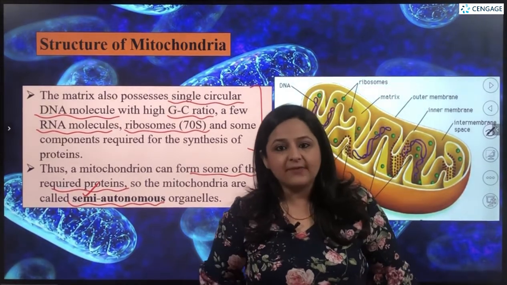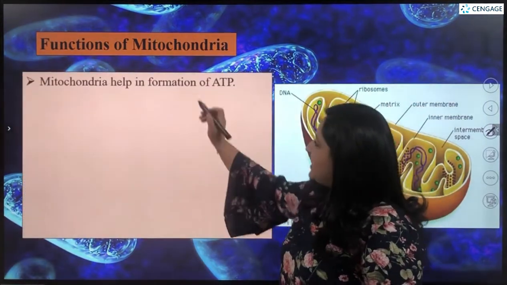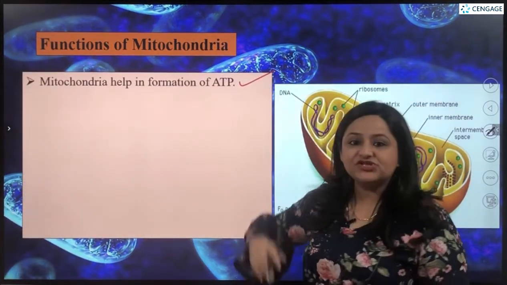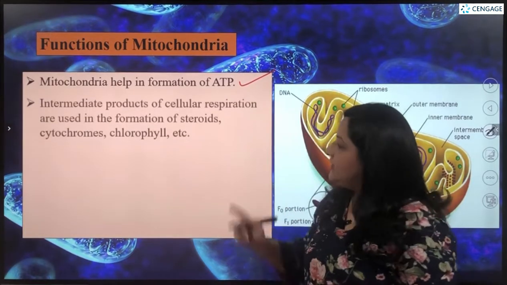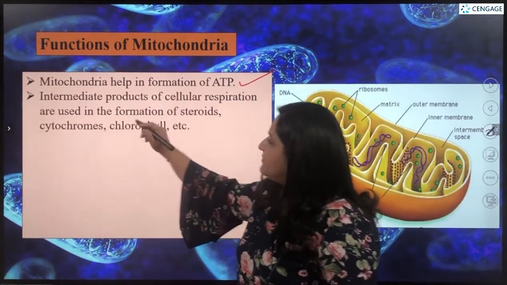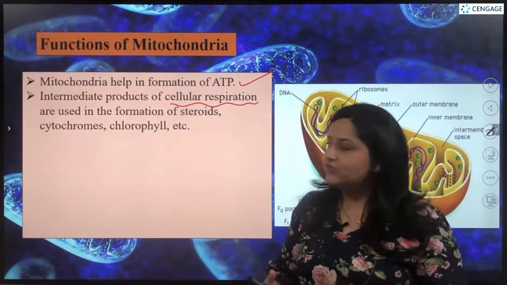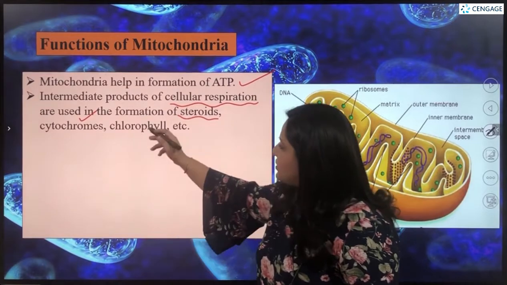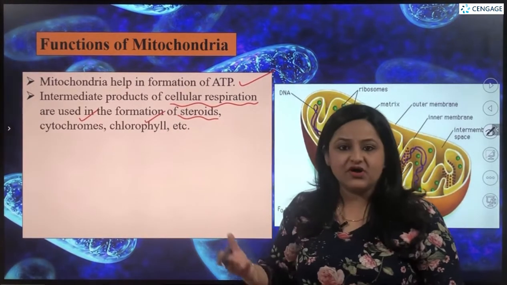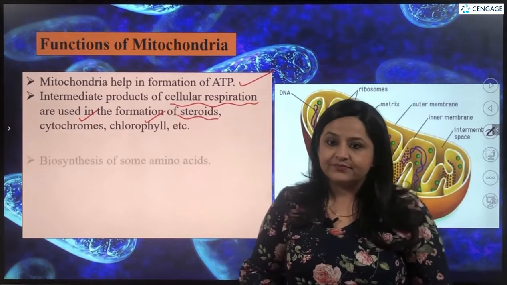So, now let's talk about the functions of mitochondria. As we have seen, mitochondria help in the formation of ATP, that is the energy currency of the cell. Then, the intermediate products of cellular respiration that are used for the formation of steroids, cytochromes, chlorophylls, etc., are also formed in the mitochondria.